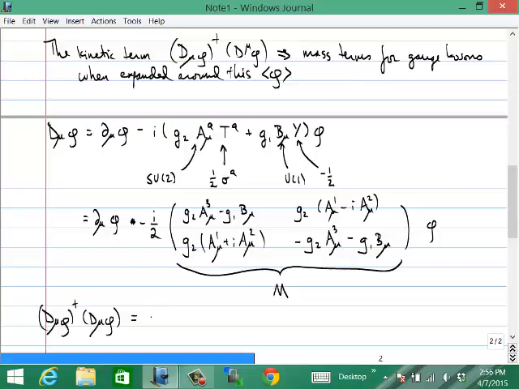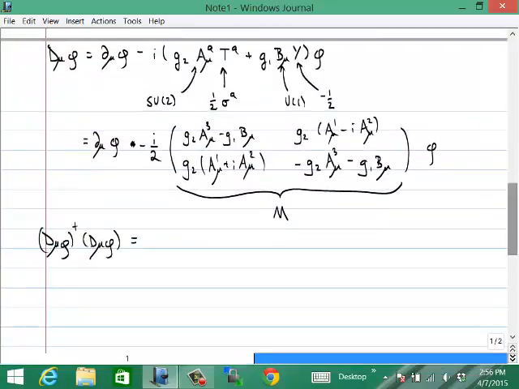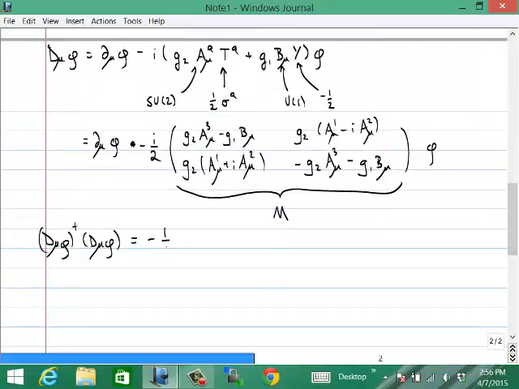Well, the vacuum expectation value for phi was right up here, so it was 1 over root 2 times v0. So what do you get? You get minus 1/8 times v squared times, then M dagger M, plus dot dot dot.